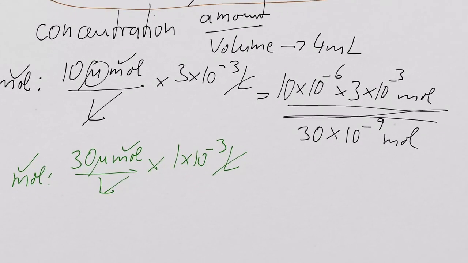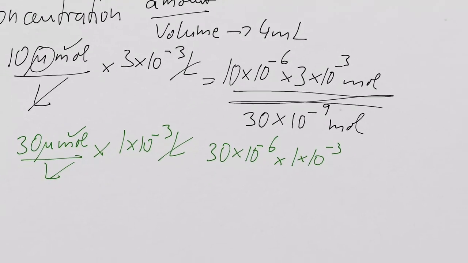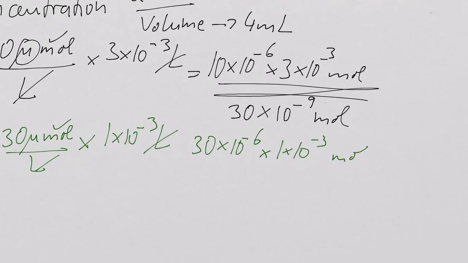And I've got 30 times 10 to the minus 6 mole times 1 times 10 to the minus 3. And the unit is mole. And I get, again, 30 times 10 to the minus 9 mole. Yeah? Happy with that? So that is in my solution B.